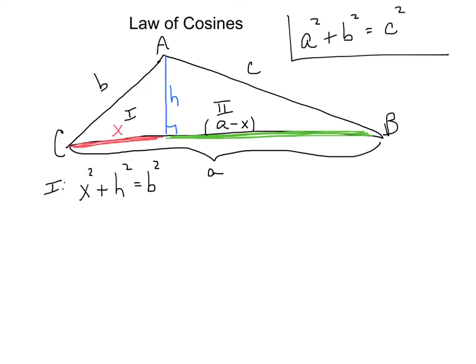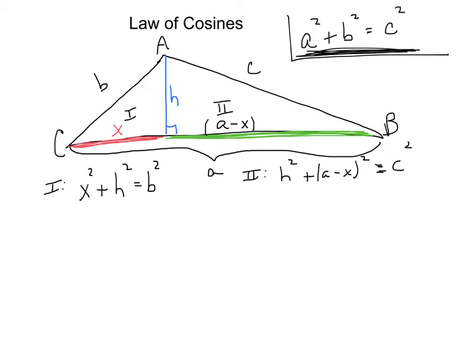So I'm going to put that over here for triangle number 2. It'll be h squared plus a minus x squared equals c squared. So all I'm doing is substituting these labels into Pythagoras for the two right triangles.